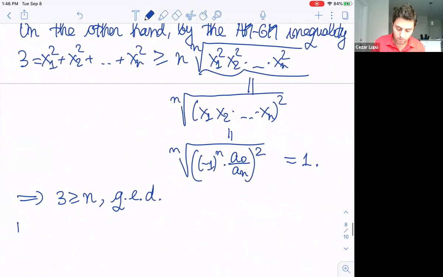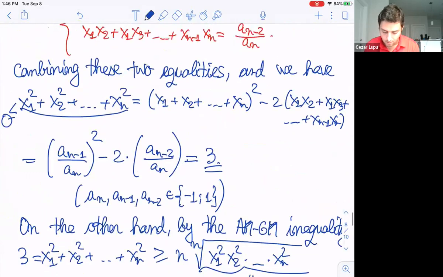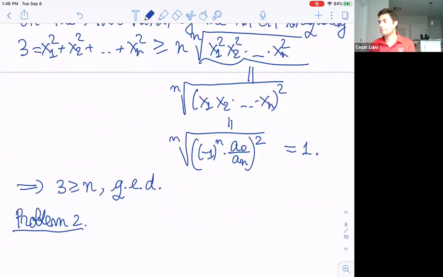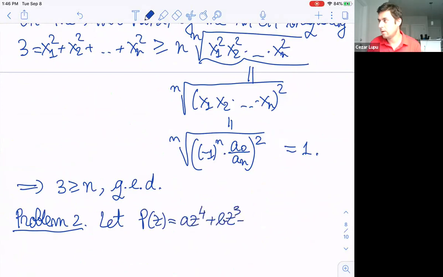Another problem that I wanted to do in the remaining time, let me see. Oh, problem 2. And this was a Putnam problem. It was actually a very nice problem. Let P(z) be az to the 4th plus bz cubed plus cz squared plus dz plus e, right?